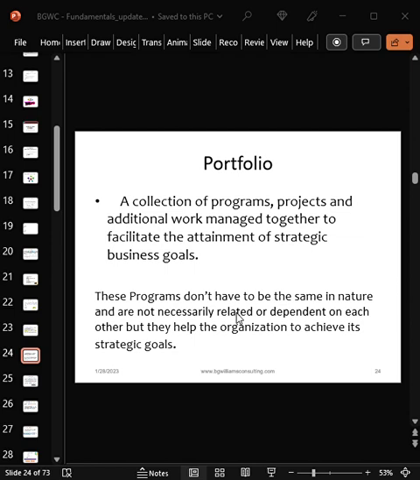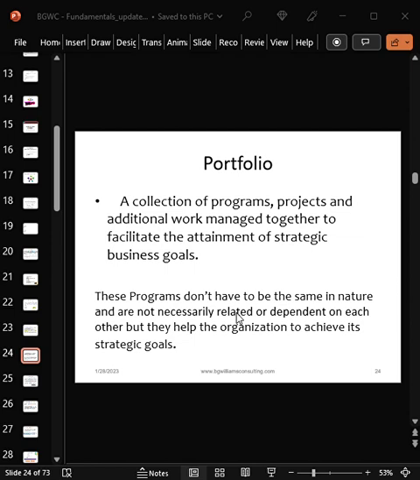I would like you to know that when we define a program as a collection of projects, I would also like you to note that a portfolio can be referred to as a collection of projects or programs. You see the logic now. Program, or in the situation whereby you do not have programs, it is a collection of projects and any other additional work managed together.